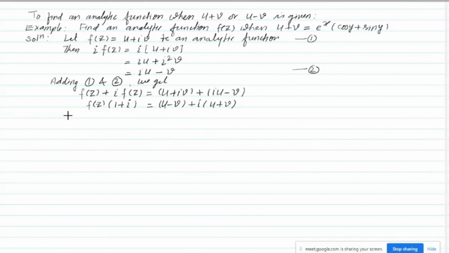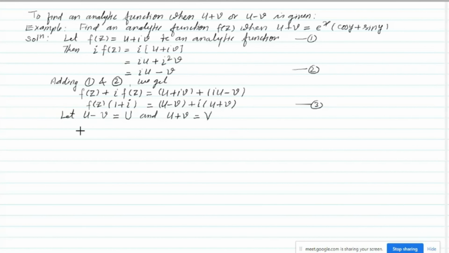Now let u minus v equal to capital U and u plus v equal to capital V. Okay. Now replace this value over here in equation number 3.